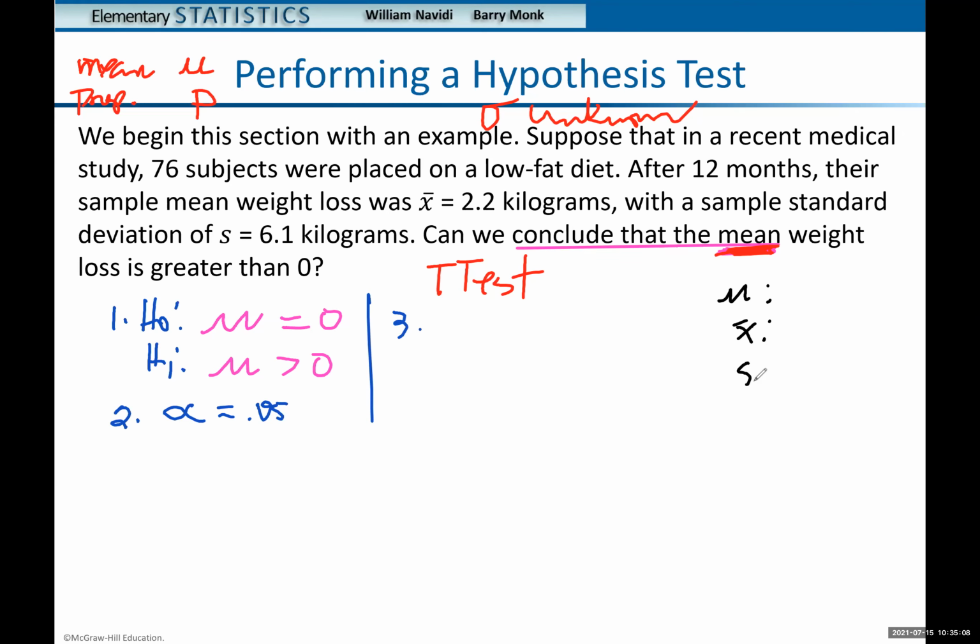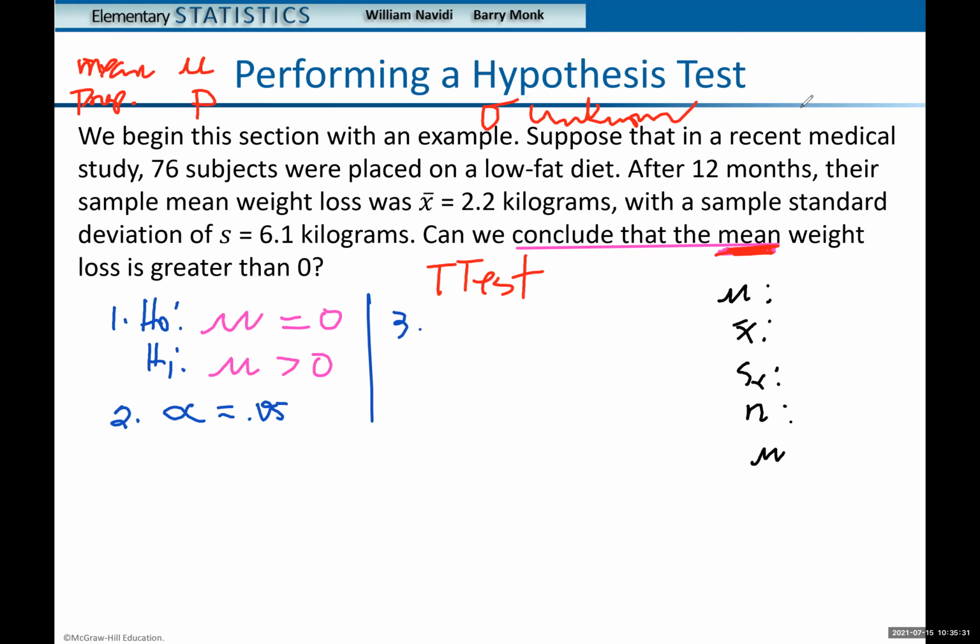You should see Sx, meaning the sample standard deviation. And you should see n. You see mu, is it not equal to, less than, or greater than? Do you see this?